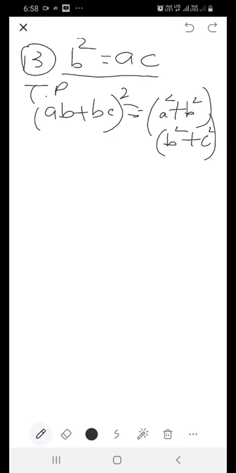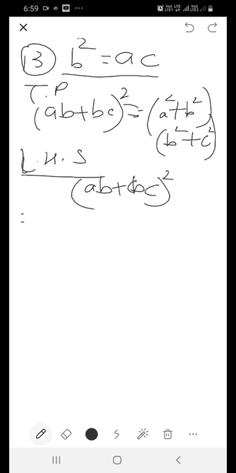Now I'm taking up the left hand side. Same you have to do in other questions also. Take the left hand side first and note it down. In this I can take B common. It will be B square into (A plus C) whole square.